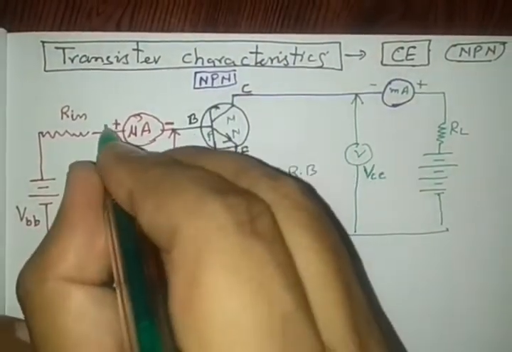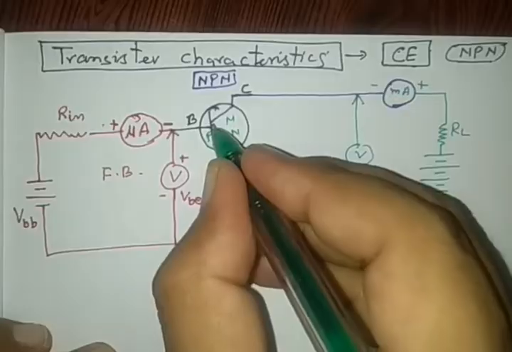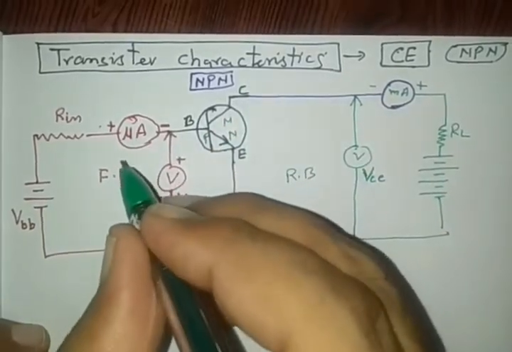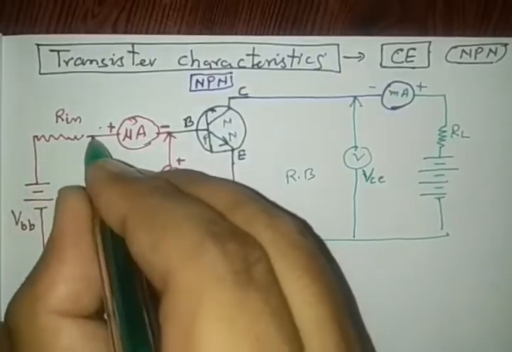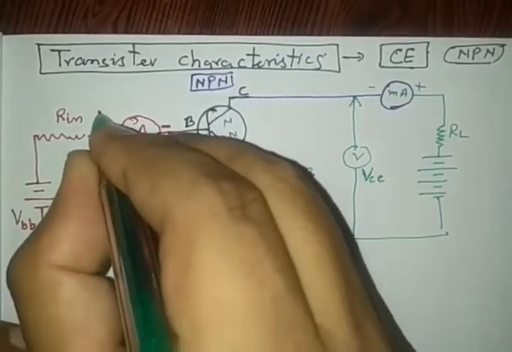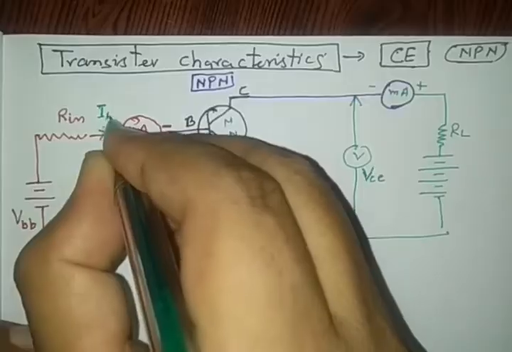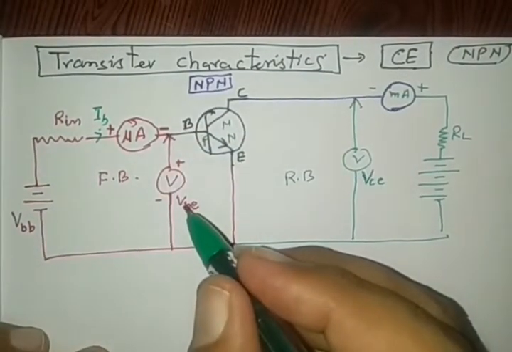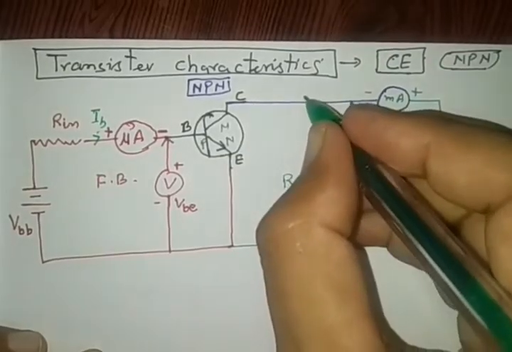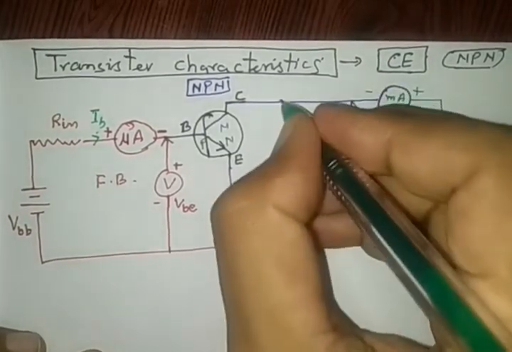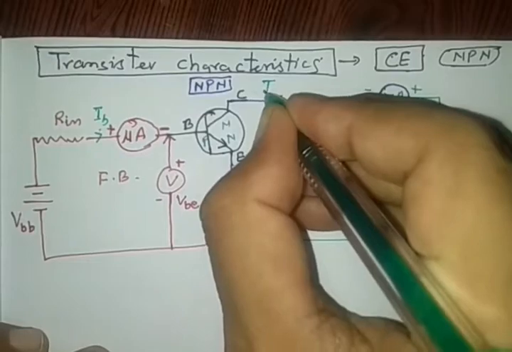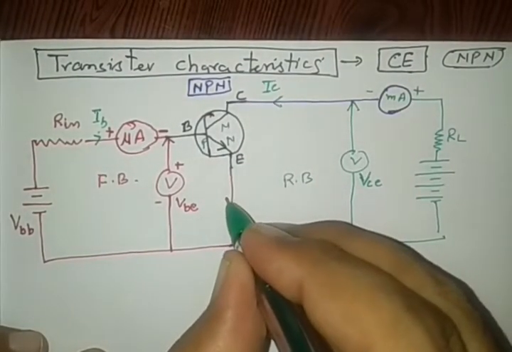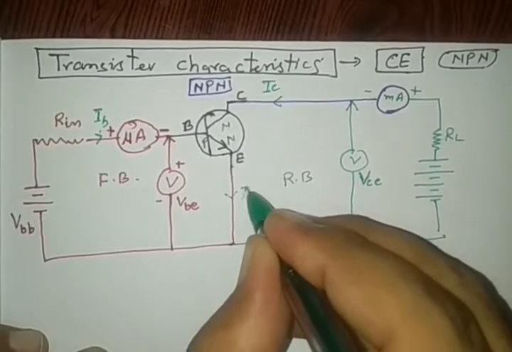Base current. How is the base current emitted? To represent the base current, it is IB, on this side, emitted from the positive terminal of the cell. Here the collector current is IC, and on this side IE.